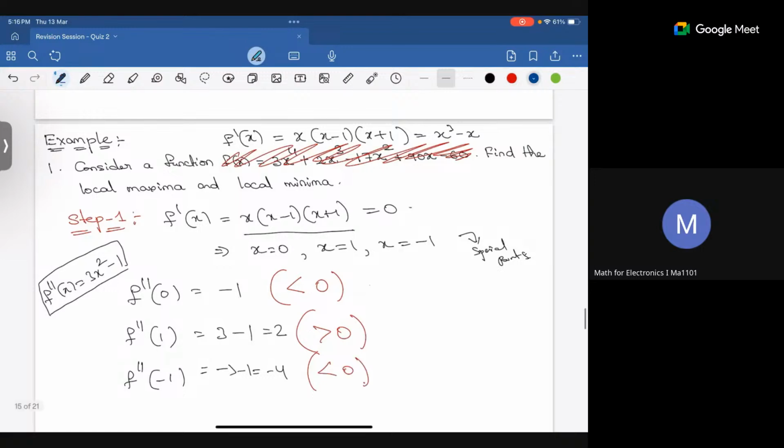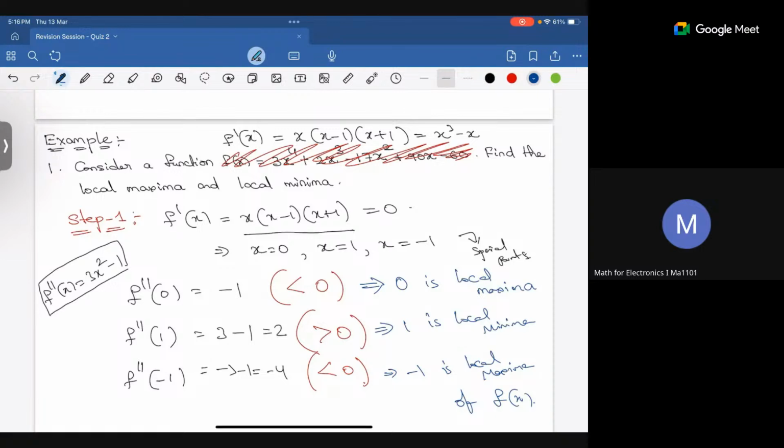So from here, I can conclude that 0 is local maxima and 1 is local minima and -1 is local maxima of f of x, not f prime of x. Even though f prime of x is given to us, these local maxima, local minima points are for the function f of x.